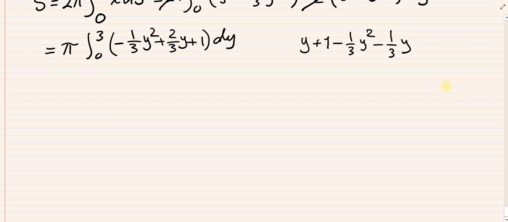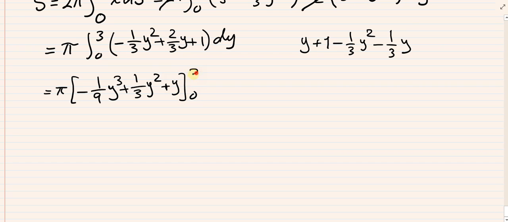And again, I can integrate this now easily. The integral of negative 1/3 y squared is y cubed over 3, so it's negative 1/9 y cubed. 2/3 integral of y is y squared over 2, so this is actually going to become 1/3 y squared, and integral of 1 dy is just y, from 0 to 3.